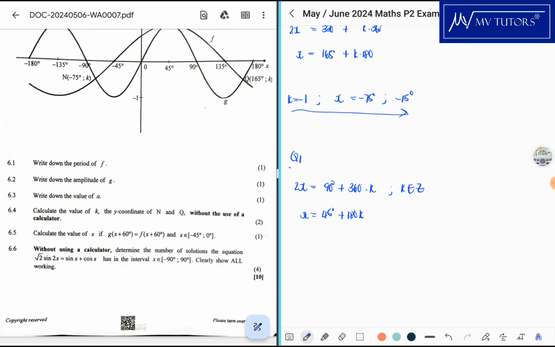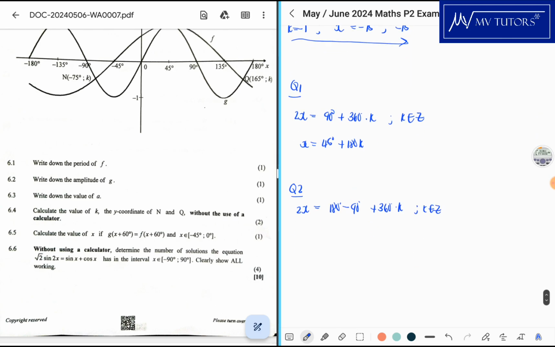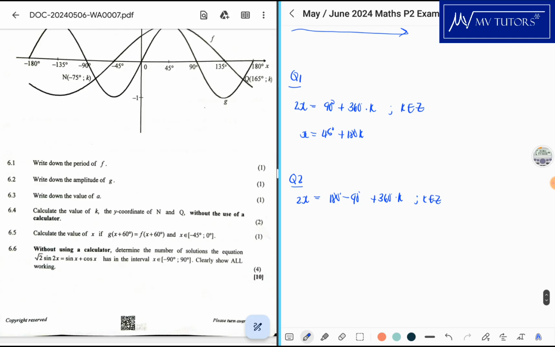And then quadrant 2, all right, so we have 2x is equal to 180 minus 90 plus 360k, where k is an element of integers, and you can see there we're still going to get 2x is equal to 90, where x is equal to 45 degrees plus 180 degrees times k.